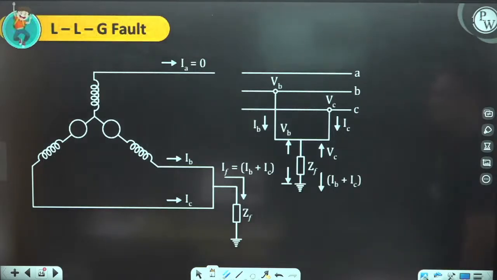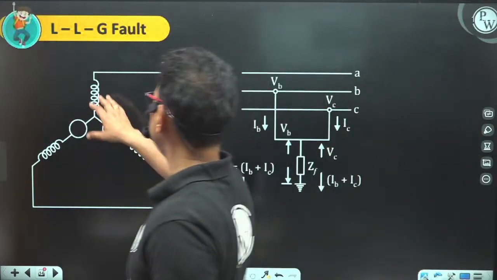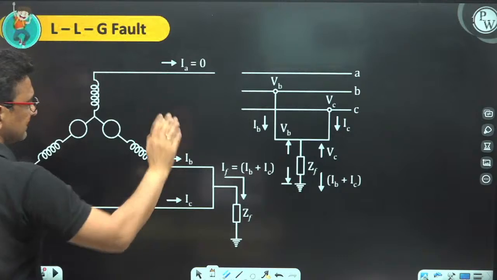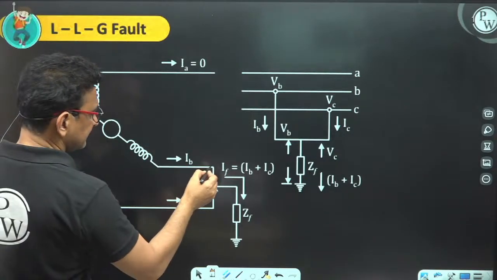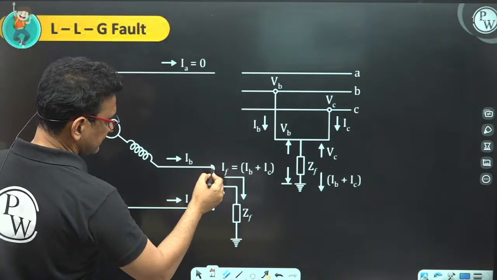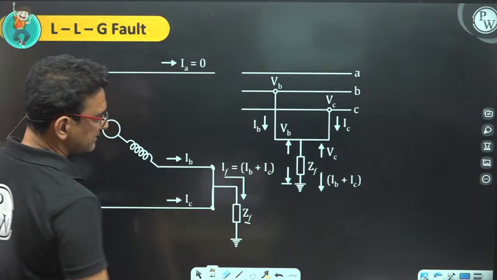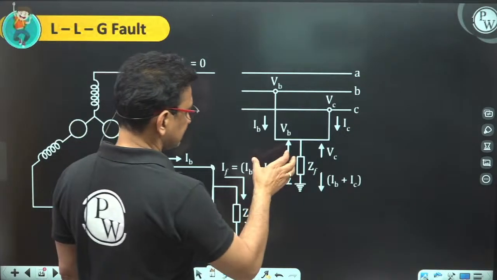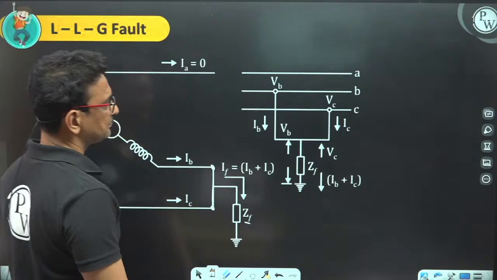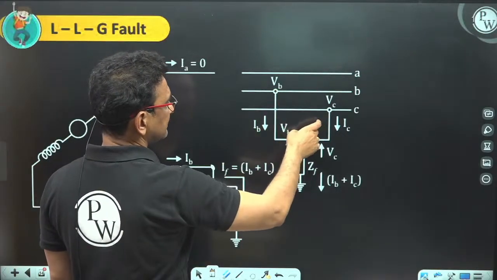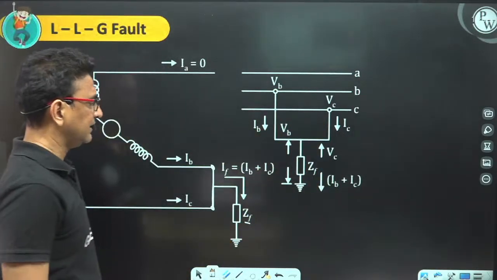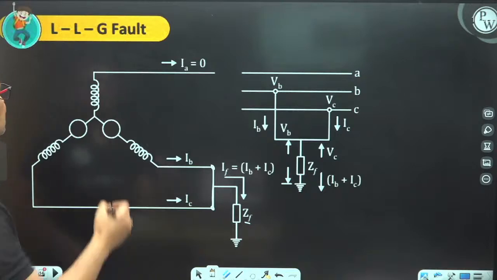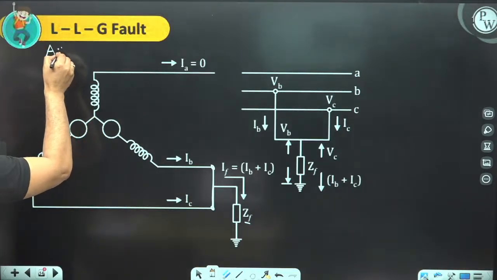This is my system. Alternator, there may be a transformer and the transmission line. Now the B phase and the C phase are short circuited to the ground through a fault impedance ZF, or you can see this through this circuit. So what was our assumption?